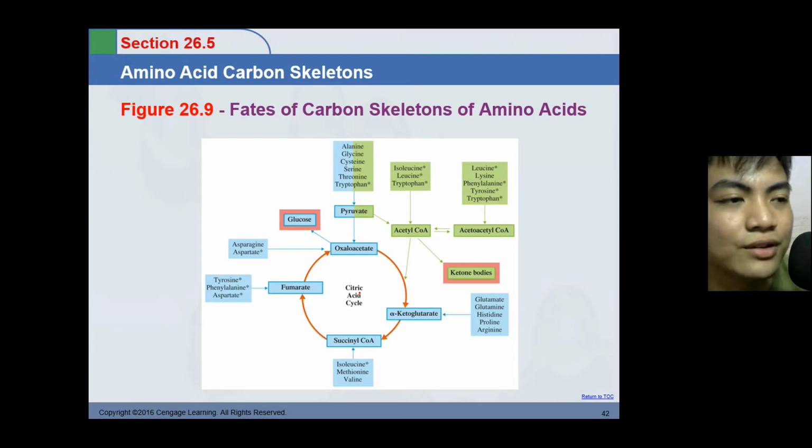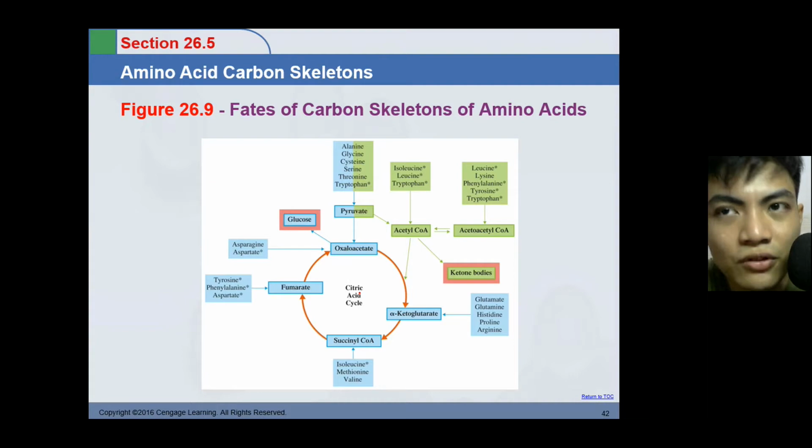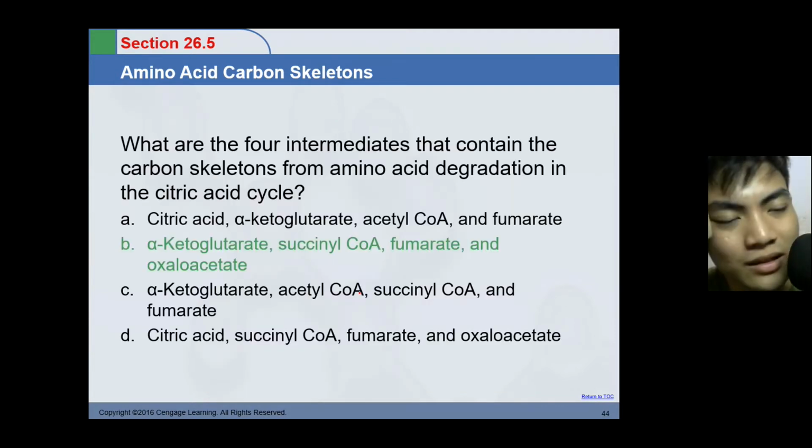And pwede mo yan i-reverse, no? So, from glycolysis, Krebs cycle, or ketogenesis intermediates, pwede ka makagawa ng amino acids. Of course, there are several steps here, pero hindi na natin i-include kasi super haba na ng ating discussion. Okay? So, just for simplicity.